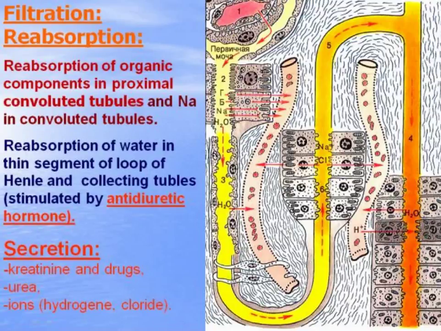Filtration in the renal corpuscle, then reabsorption, where primary urine is reabsorbed in renal tubules. The proximal convoluted tubule reabsorbs glucose, proteins, lipids, sodium ions, and some water.